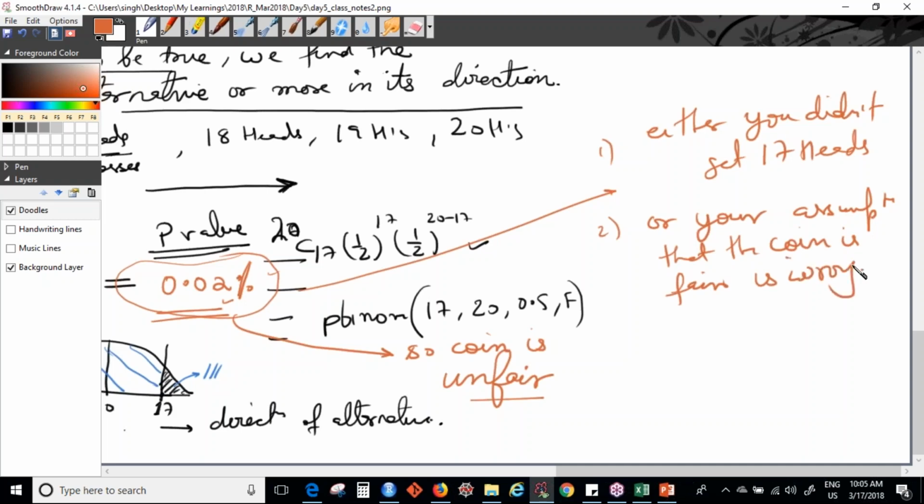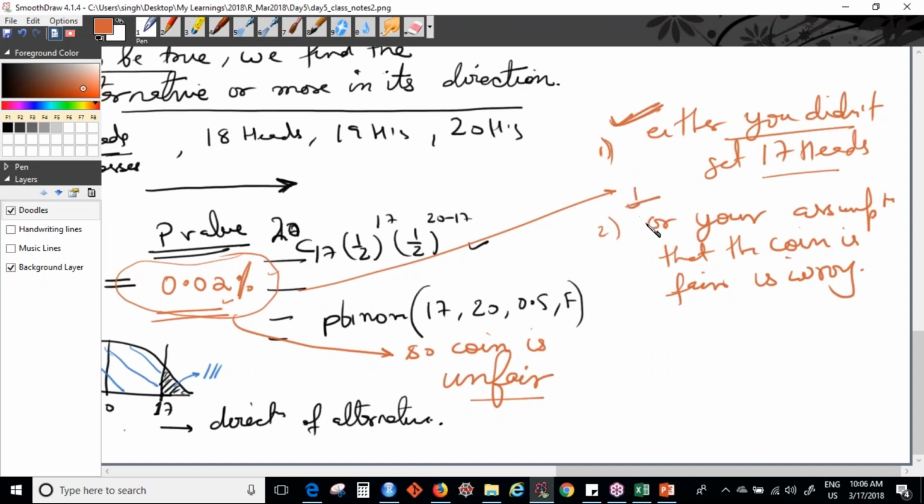So either of the two is true. But the first one is not wrong because I'm telling you that I got 17 heads. This cannot be wrong because this is the question itself. You cannot say that the question is wrong.